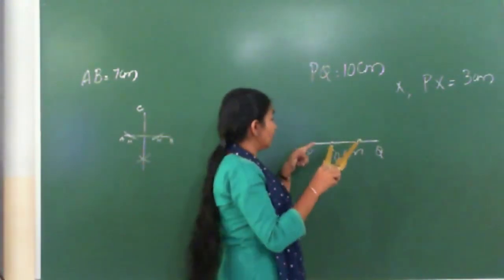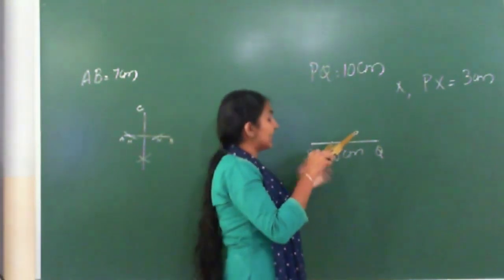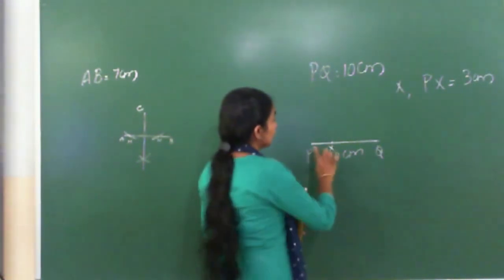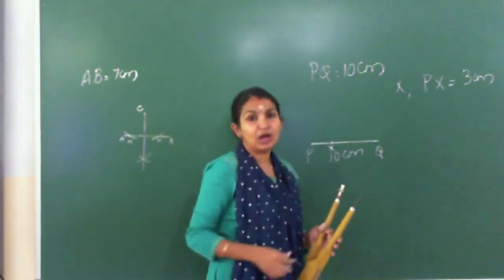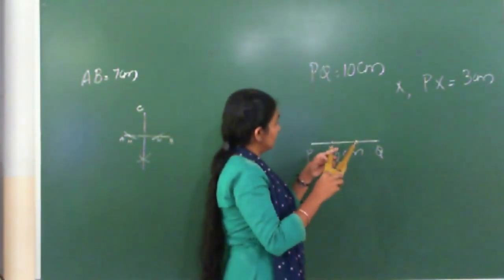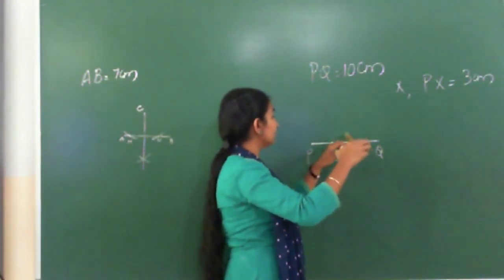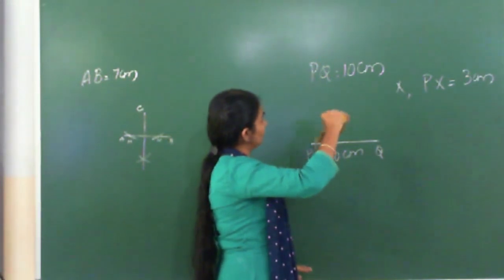For that we keep our compass on X. Take any radius in our compass in such a way that it cuts this line segment PQ with two arcs.